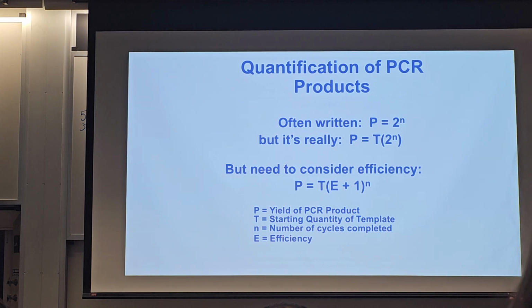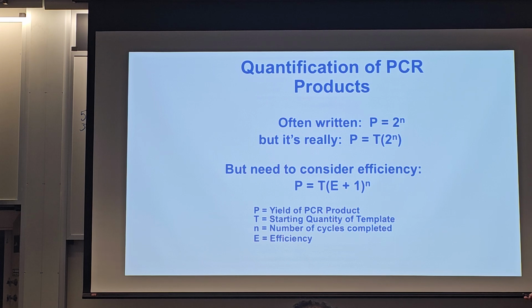If we really wanted to understand how much product we'd expect at the end, we'd need the amount of starting material, and then instead of this number being 2, because it's doubling every cycle, it would be something less than 2. If the efficiency was 90%, for example, this would be 1.9, so it would be 1.9 to the n. Does that make sense to everybody? The problem is if the efficiency is changing every cycle, this formula doesn't work, but it gives you an idea of what we're up against.